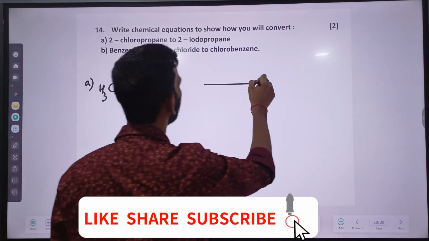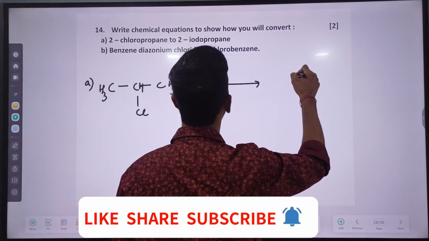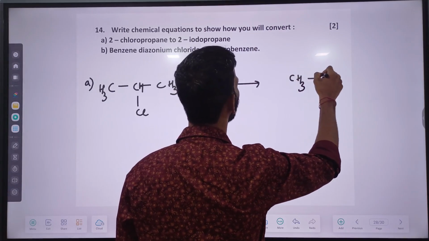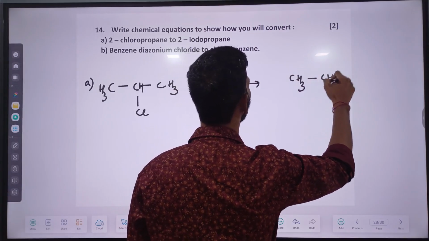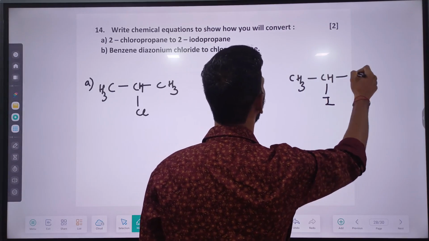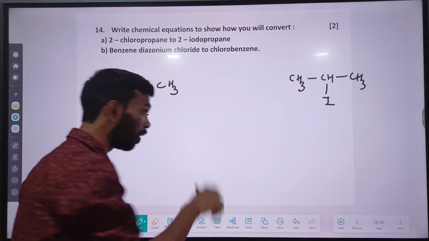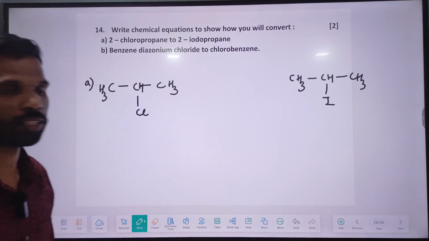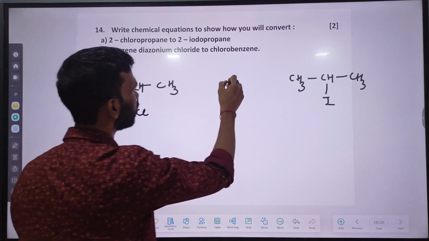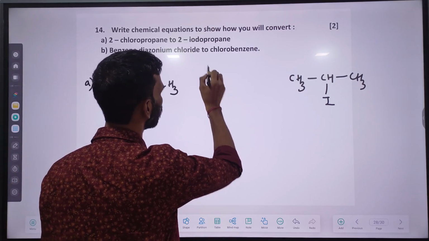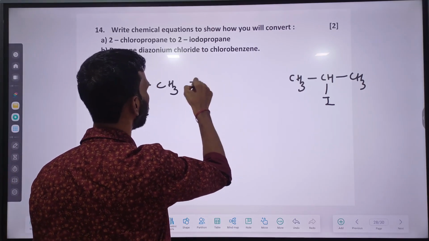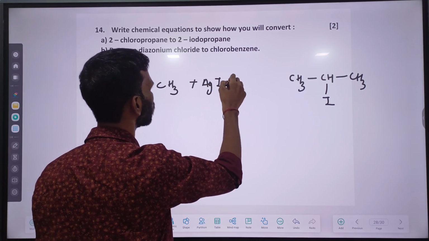You need to convert this to 2-iodopropane. This is one of the halogen reactions, a halogen exchange reaction. It is the Finkelstein reaction, that is a halogen exchange reaction.